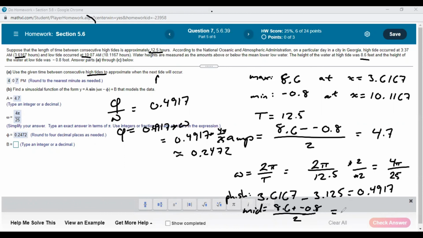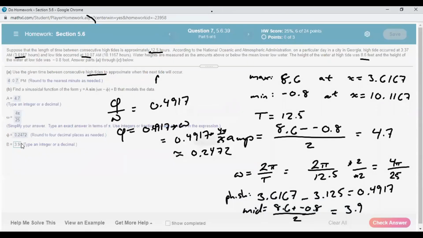And so here, that's going to be 8.6 minus 0.8 divided by 2, 3.9. Okay.